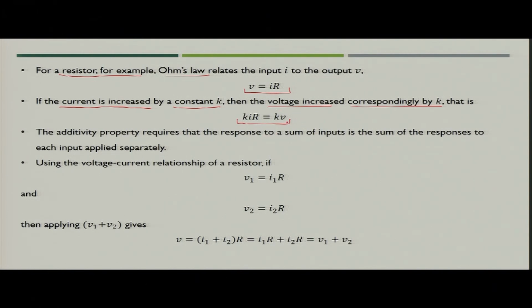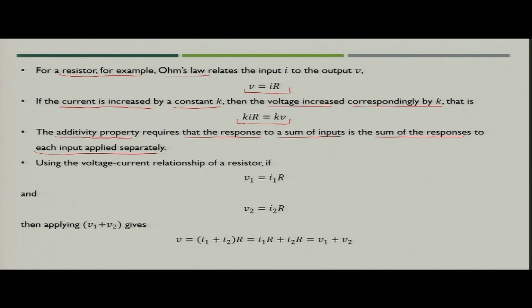Now, after homogeneity, let us find what the additivity property is. The additivity property says that the response to a sum of inputs is the sum of the responses to each input applied separately.